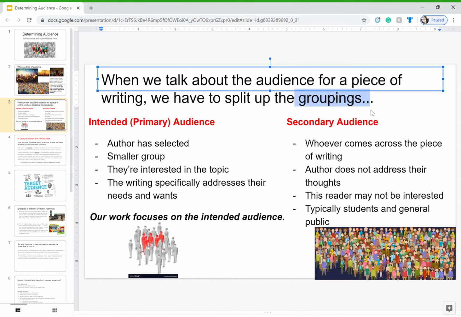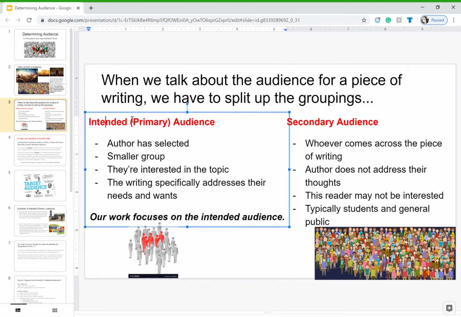We don't think about them as individuals. What interests them? What interested them? What drew them to engage with that content? Why are they there? Now, the categories that we split up audience into address that.